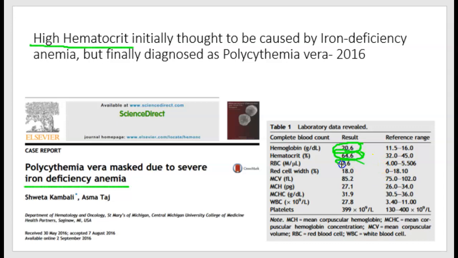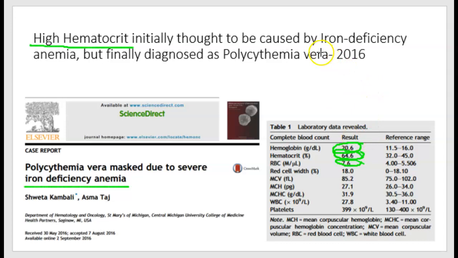High red blood cells, and they also looked at oxygen saturation and blood gases, and they saw low O2. So they see all these high red blood cell numbers and they see low O2.